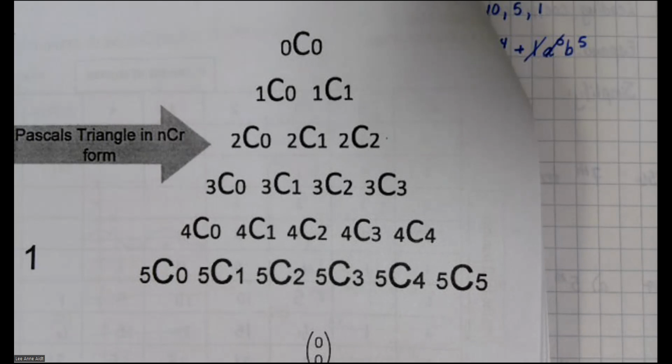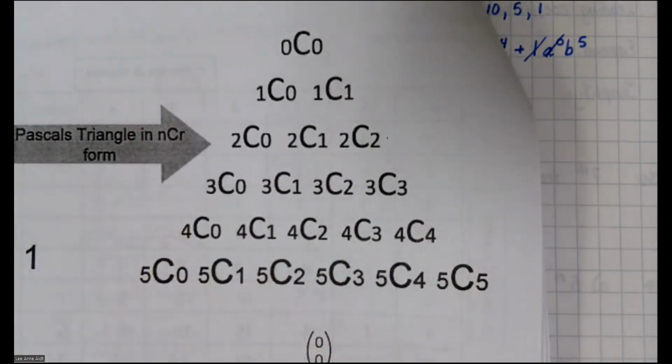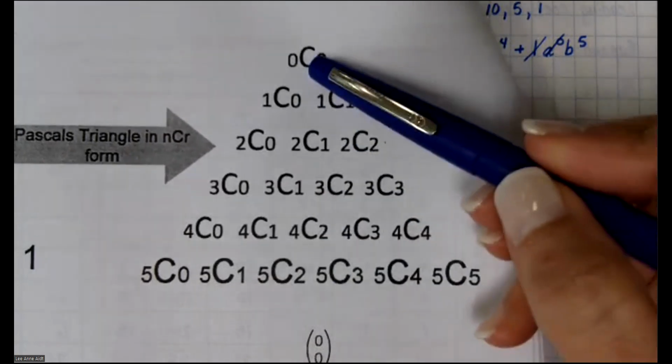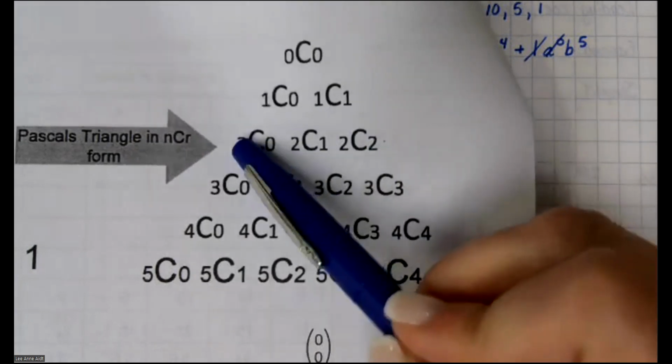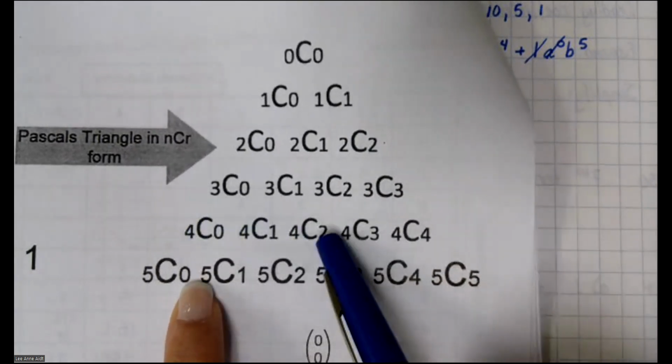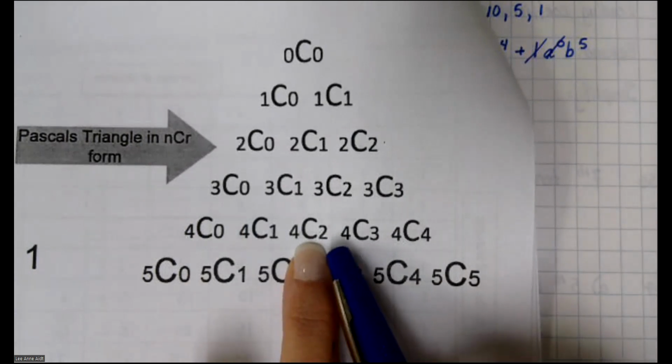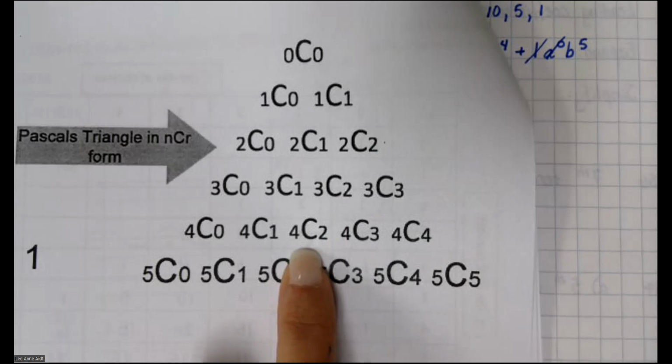Can you just point with your finger on your own paper which one of these is the third term in row 4? Okay, so I taught you yesterday, this is row 0, row 1, row 2, row 3, row 4. And this would be the first one, second one, third one. Okay, does that make sense? This is the third one in row 4.